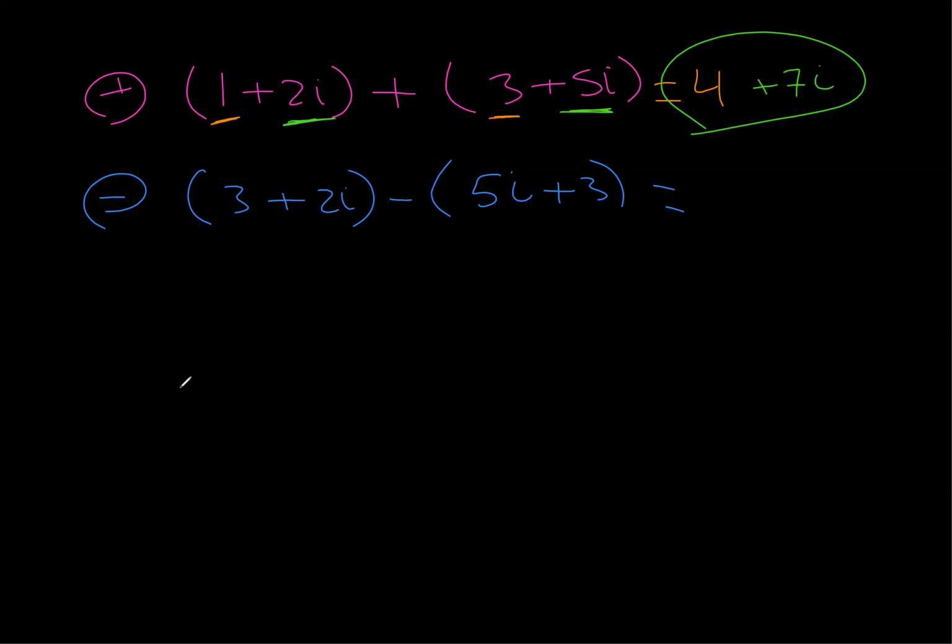You have two complex numbers and you have subtraction between them. When you subtract, subtract the real from the real and the imaginary from the imaginary, regardless of what is the order. So here now, I'm going to start by the real. 3 minus 3 will give me 0. So that means for the real part, it's 0.